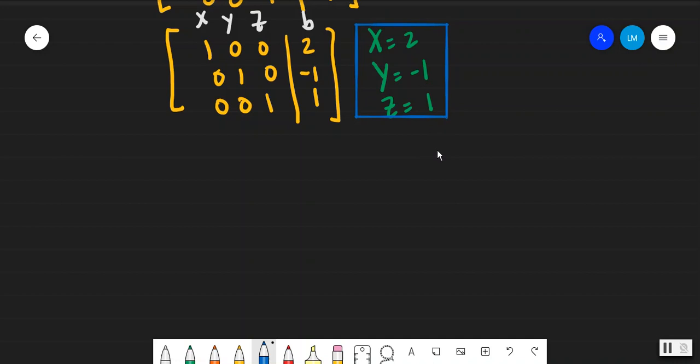Now, what you can do is probably try your own example. So go ahead and try the following system.